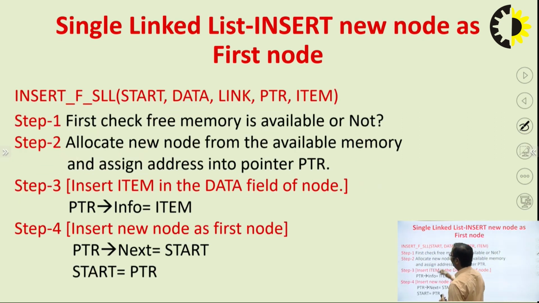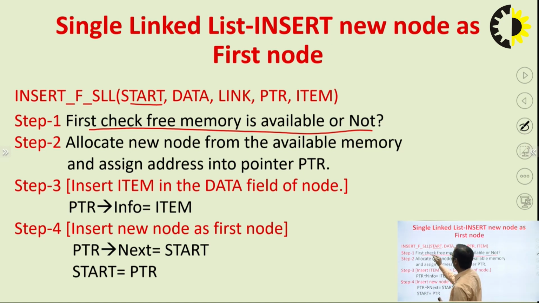If we write the stepwise procedure, we will also write the pseudocode, but if we want to understand the step by step procedure, then what we have to do? We have to use a start pointer, information field, address field, ptr and item. Now first check whether memory is available or not. We have to allocate memory for the newly inserted node, so we will get that memory from the free memory.